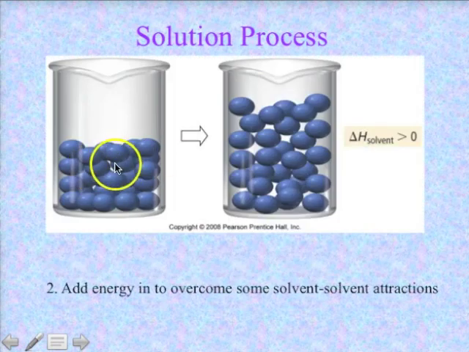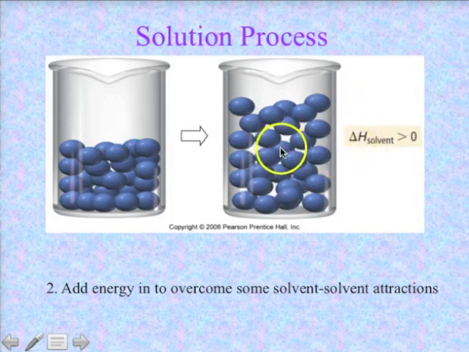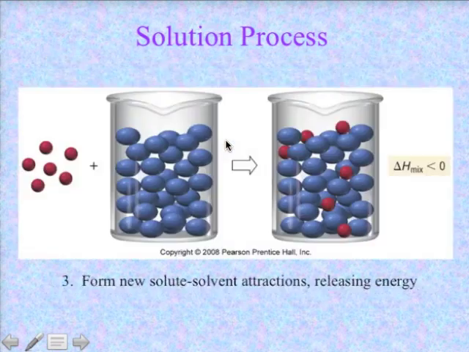The second thing is the solvent particles also have to be separated. And that also is an endothermic process. Energy has to be absorbed to do that. But finally, the energy payoff comes when the solute particles, now separated, and the solvent particles, now separated, mix. And what happens?